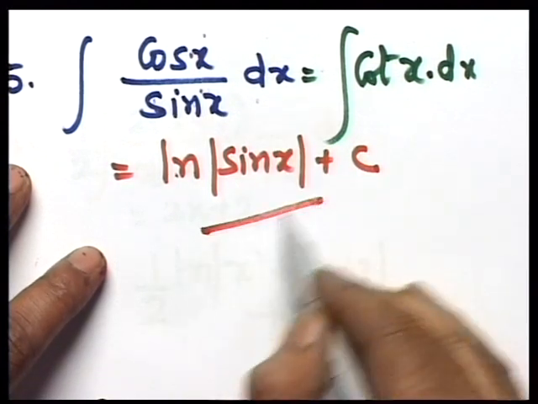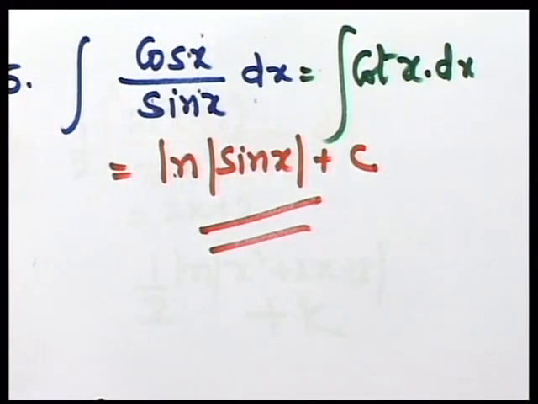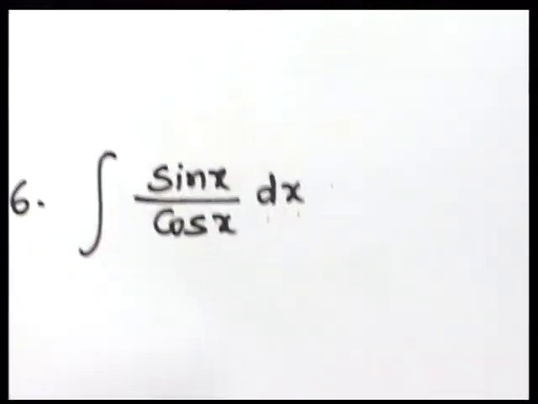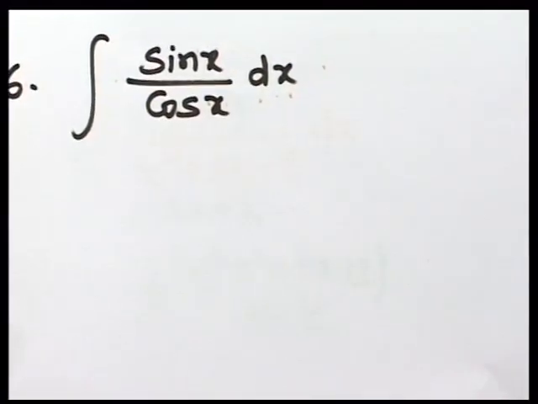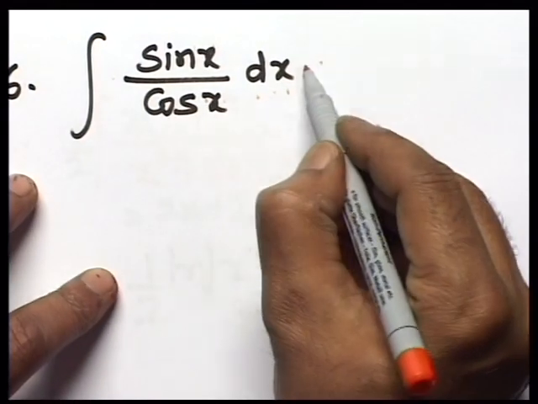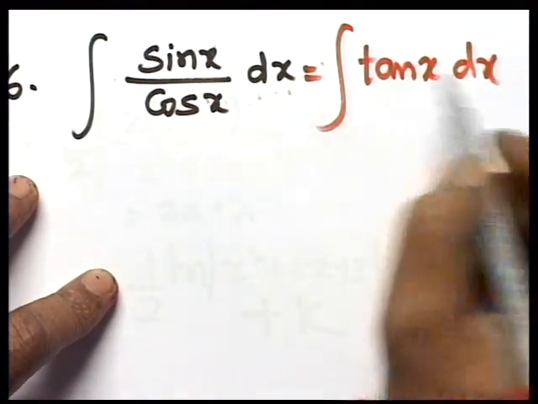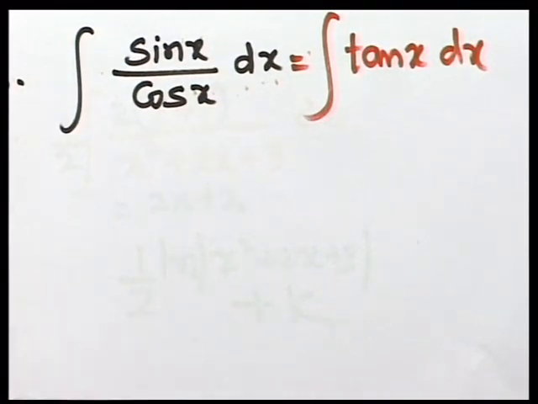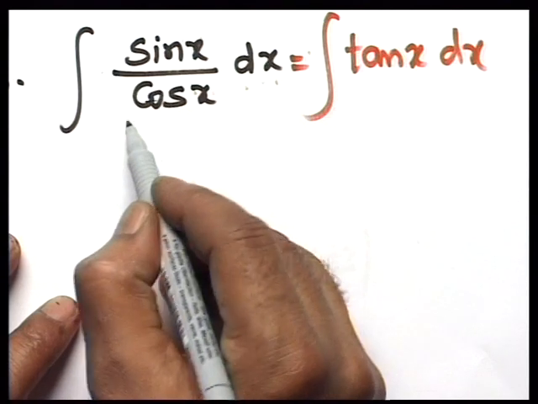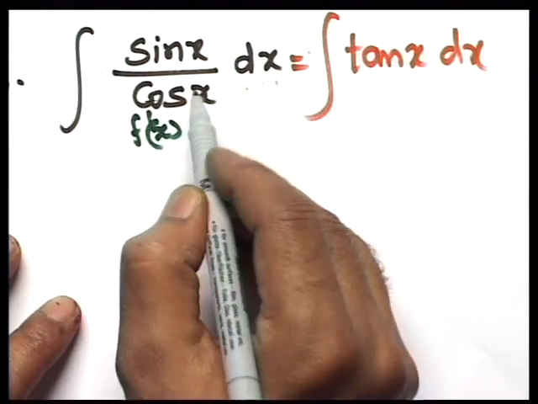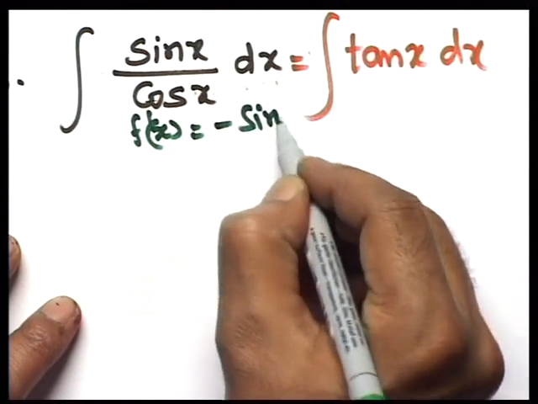That's it. So this is a rule you can remember to solve the sums if you end up getting a cot x there. Now let's look for sin x over cos x. That in fact is tan x dx, you all know, sin over cos. Differentiate the denominator. So f dash x is supposed to be, watch, differentiation of cos x is a minus sin x, isn't it?